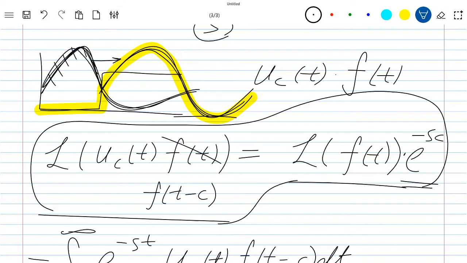So that's what I mentioned earlier. If you have an exponential function in s, then it corresponds to a shift in t.